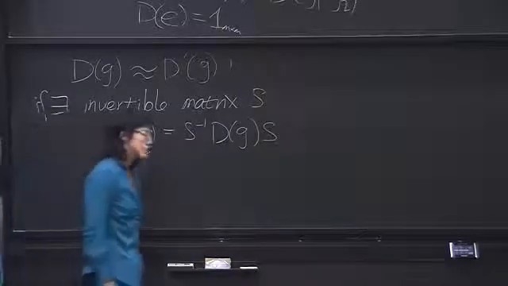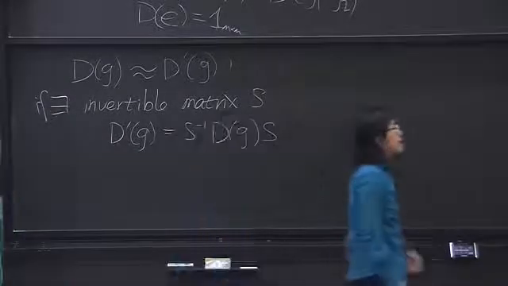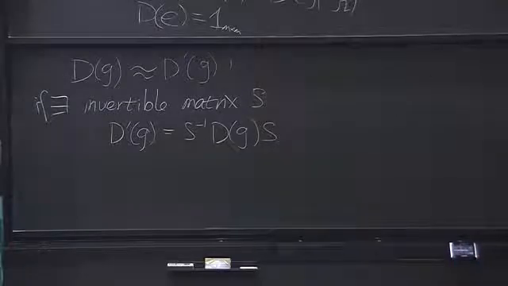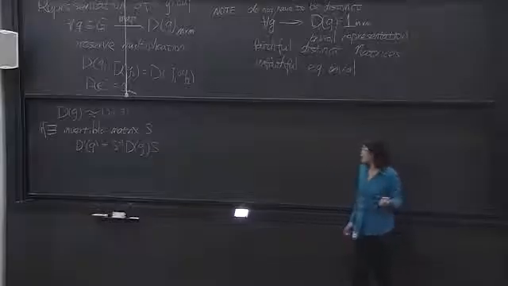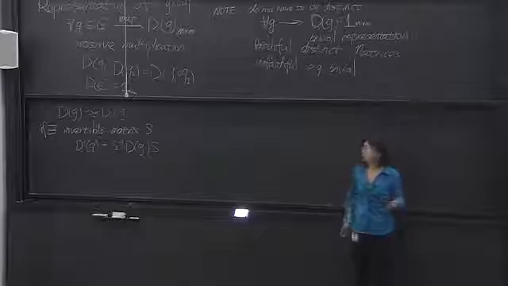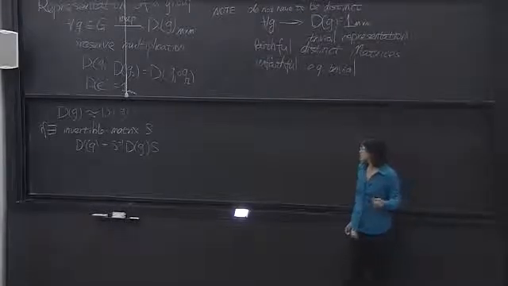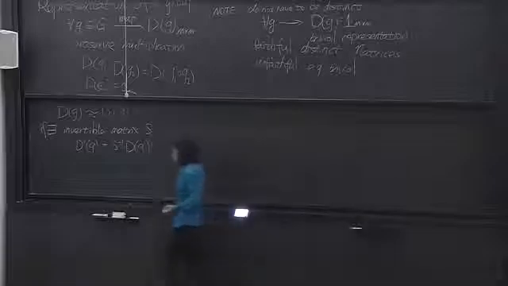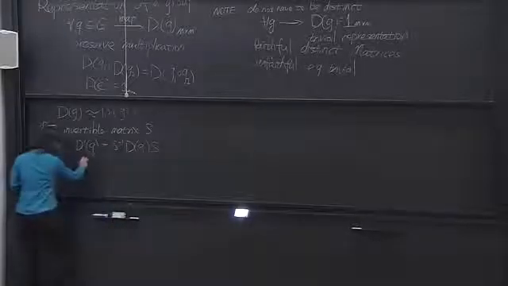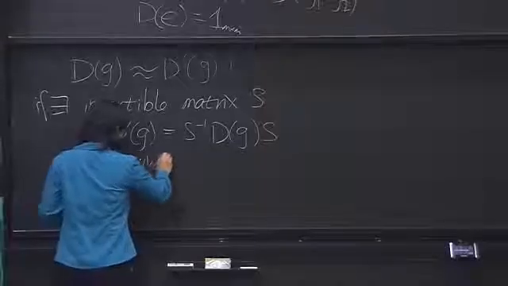So if two representations are related by a linear coordinate transformation, in other words, by a similarity transformation matrix S, then we call them equivalent, because the physics doesn't change, we're just changing coordinates.